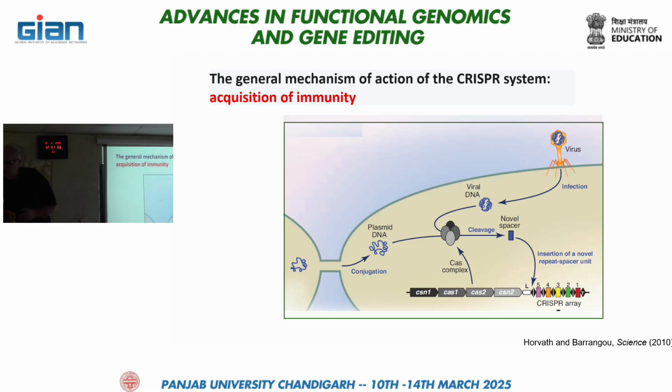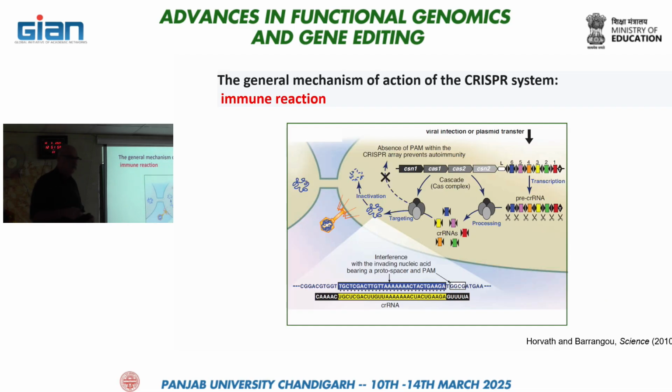I'm talking all the time about bacteria. When a new infection occurs by the same phage, or a phage of the same type, the bacteria, using the short fragments complementary to the DNA of the phage or plasmid, can target it and cut it into small pieces.